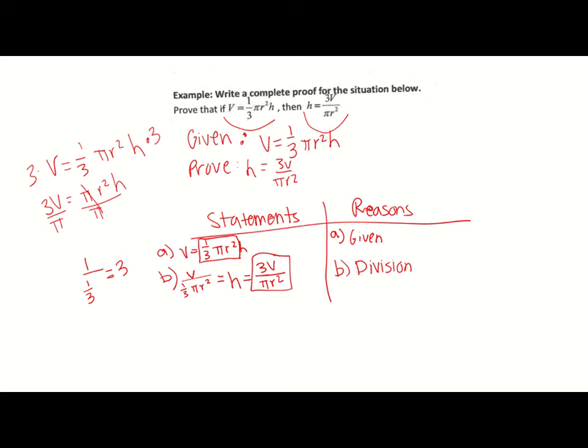And then I'm going to divide by r squared and use the division property. And you still end up with the same thing. Or you can do them all at one time and end up with the division property. And so this right here, we're already at my final proof. So this proof might only have 2 steps, depending on how many steps you did it in.